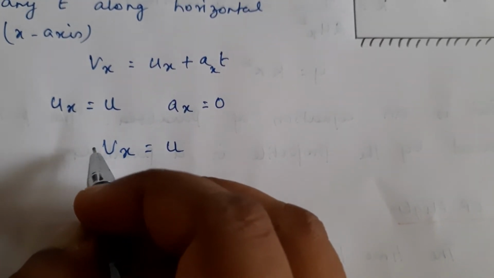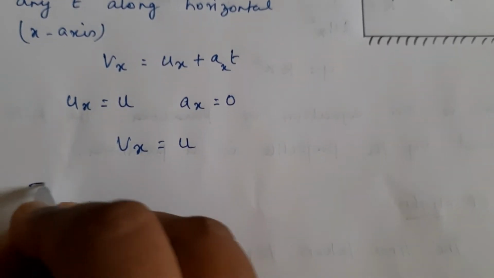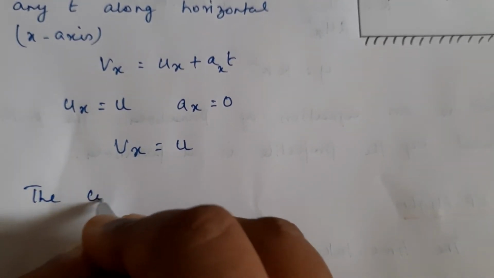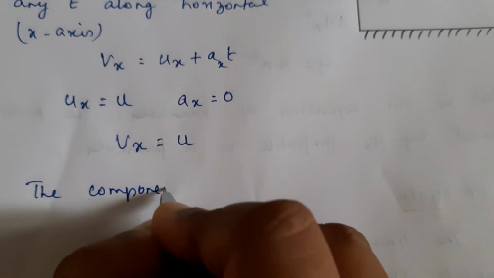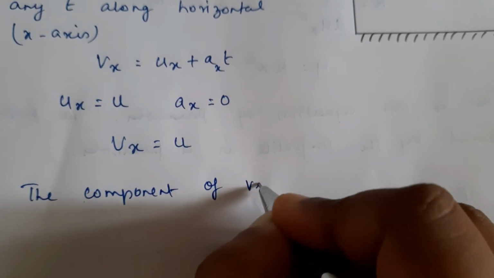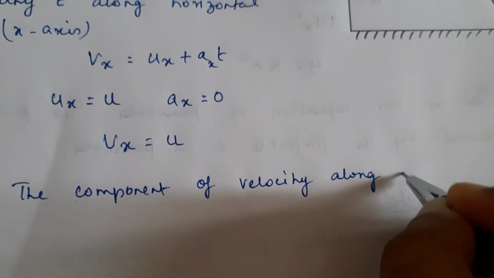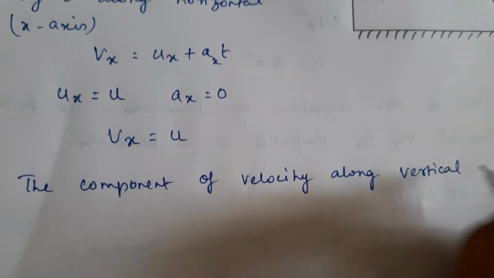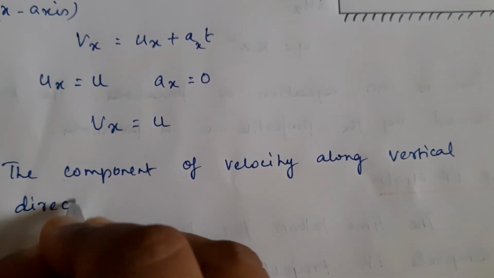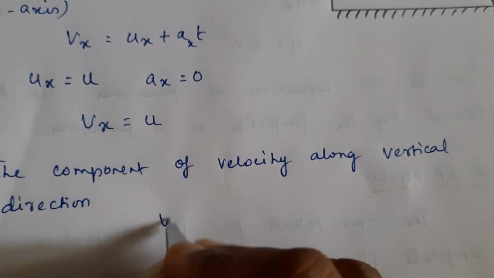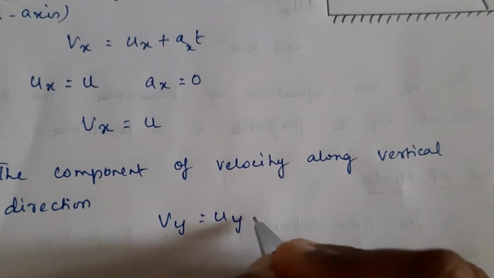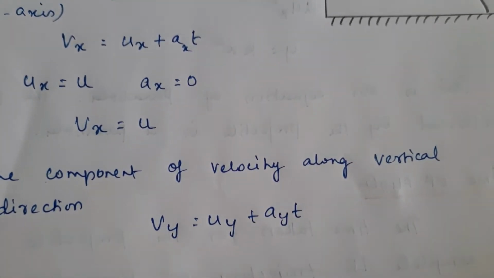Now the component of velocity along the vertical direction, that is Vy. So Vy is equal to Uy plus Ay into t.